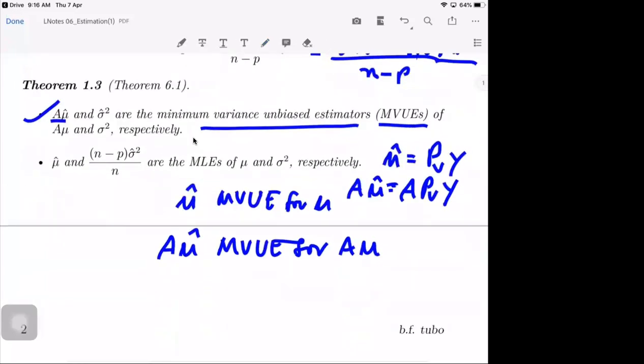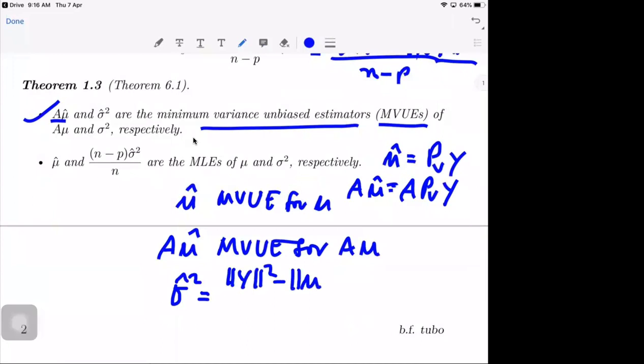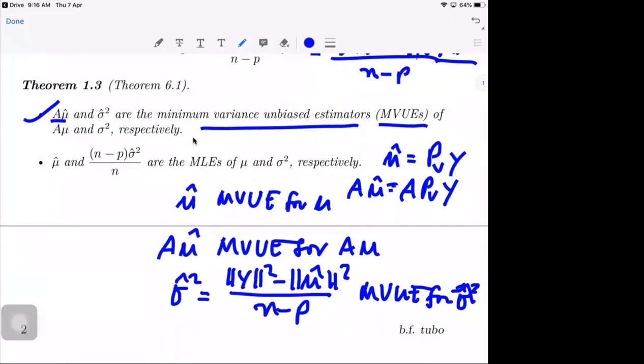What this theorem says is that sigma hat squared, which is the squared norm of Y minus the squared norm of mu hat over N minus P, is MVUE for sigma squared. Sorry.